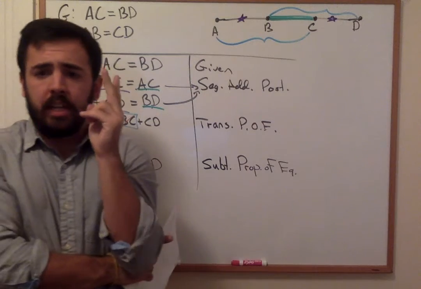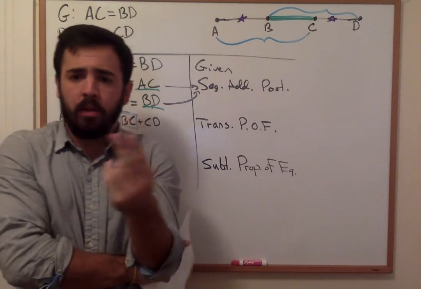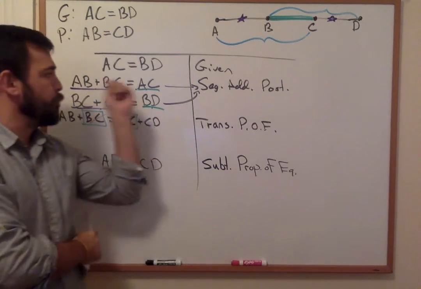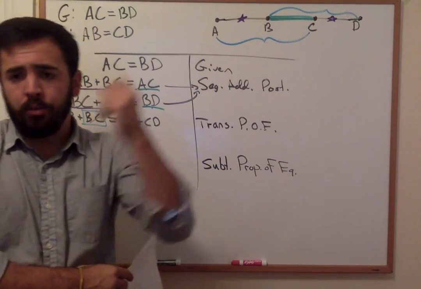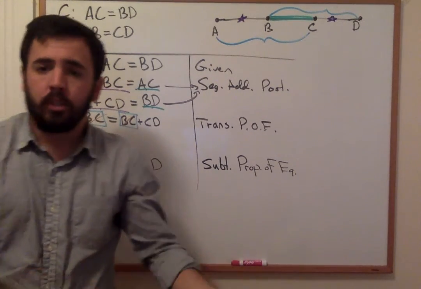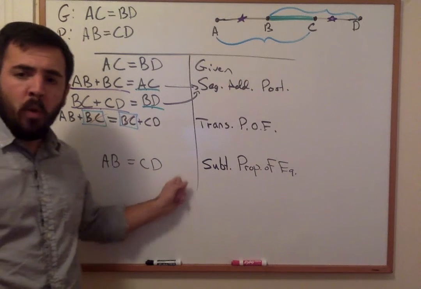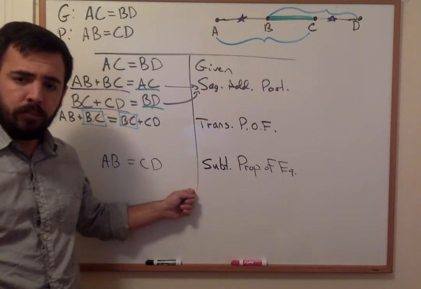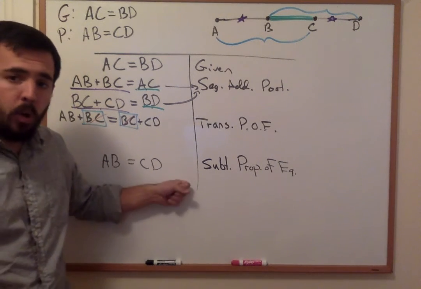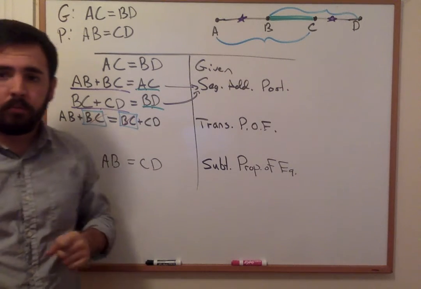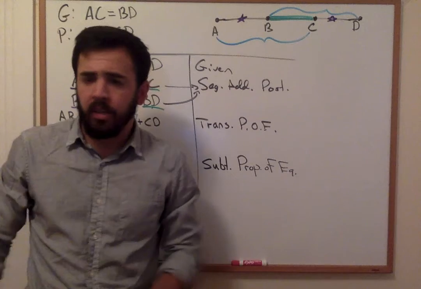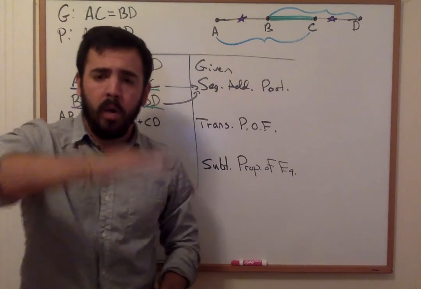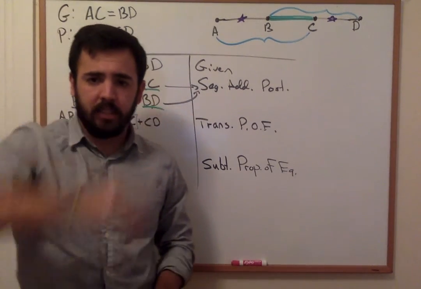Two, is there something that you could say about that given? Could you create a second step? After you do or don't do that, go down and write down what you need to prove at the bottom. Then, can you go up one step? If you're dealing with things like supplementary, complementary, you can almost always get that next step above.